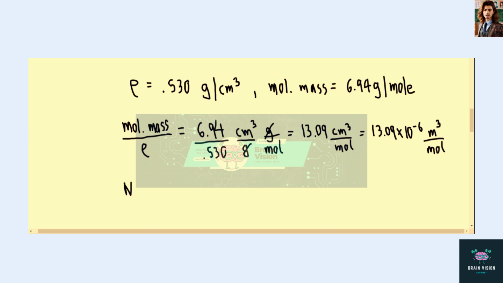And so we end up with 13.09 times 10 to the minus 6 cubic meters per mole. Next, we'll need Avogadro's number, like you would use in chemistry, and this is 6.022 times 10 to the 23rd particles per mole.